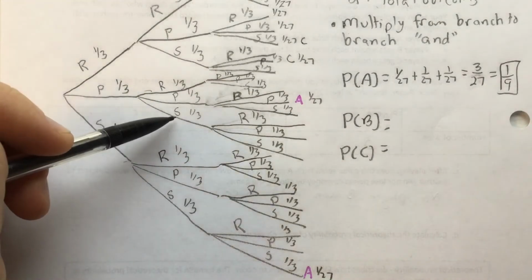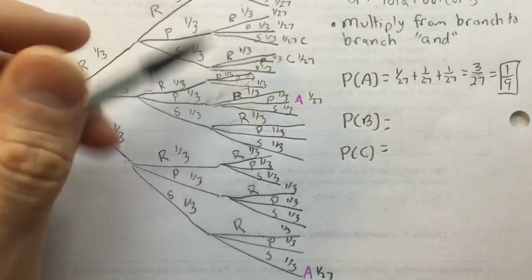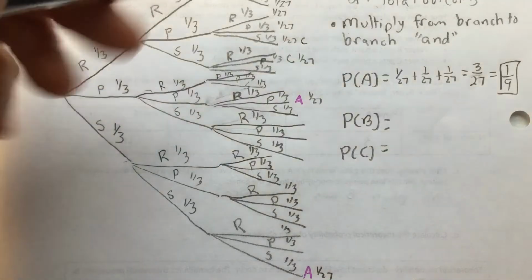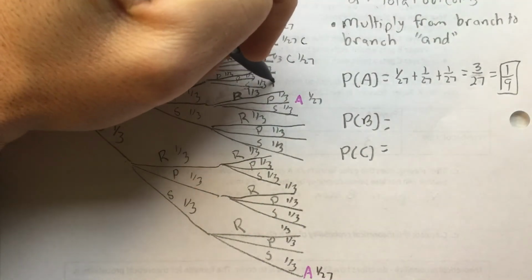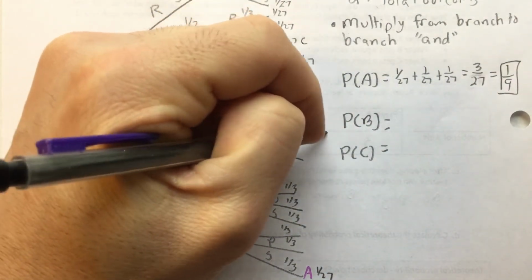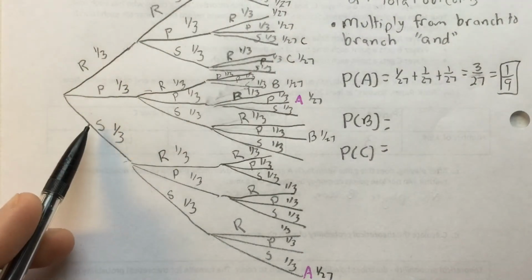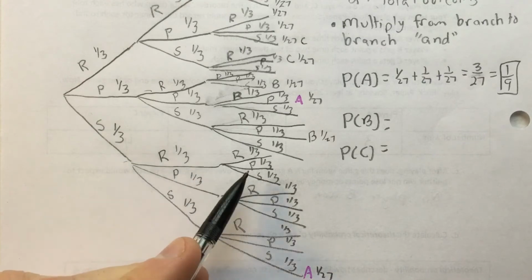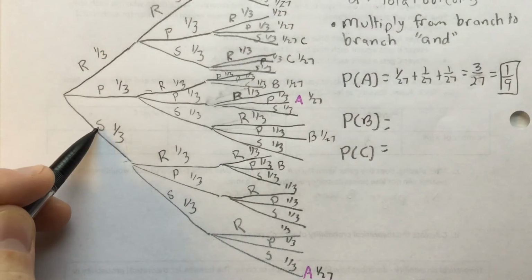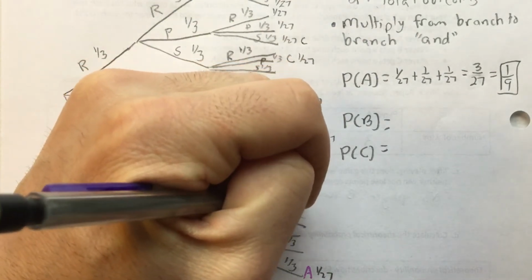Oh, sorry, so we have 2 for rock. So then I can do paper, rock, scissors. So that would be B, 1 out of 27. A rock, a scissors, a paper. That would be B, 1 out of 27. And then I can do scissors, rock, paper. So that would be B. And then a scissors, paper, and rock. Again, 1 out of 27.